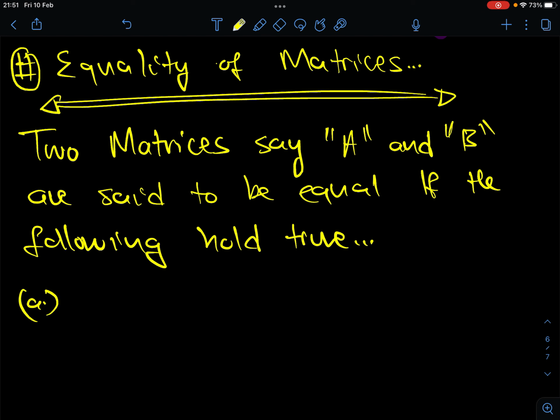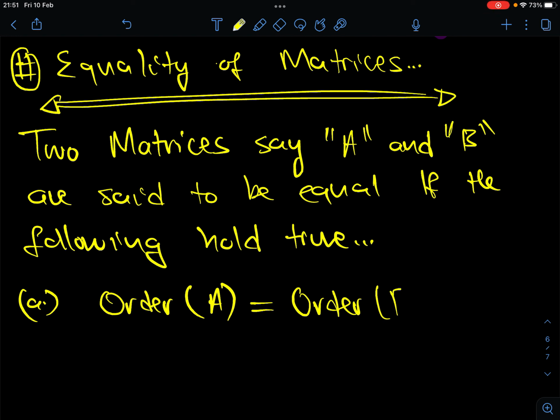The order of the matrix A must equal the order of the matrix B. Once two matrices have different orders, obviously we can't talk about them as being equal. They are completely unequal when this is the case. But this doesn't end here.